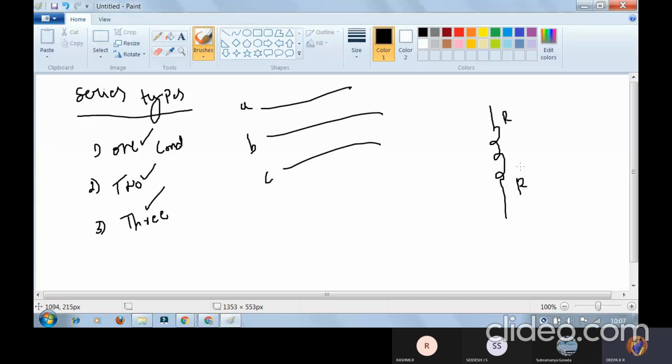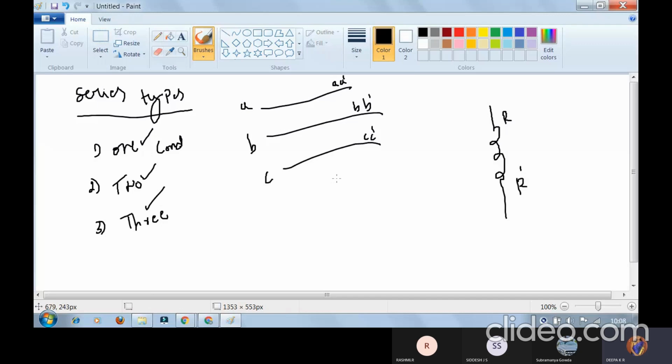So we write A, A dash. Similarly, for another winding, let us assume it is B, we represent it as B, B dash. And C, C dash. So this is the representation of the normal system, starting end and finishing end with respect to each phase. We call these conductor 1, conductor 2, conductor 3.